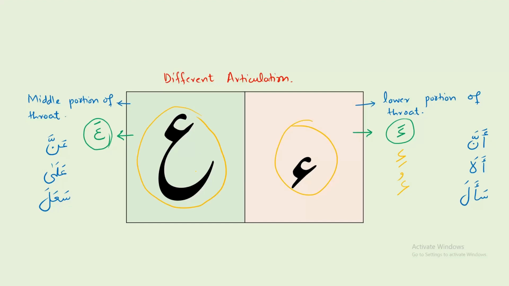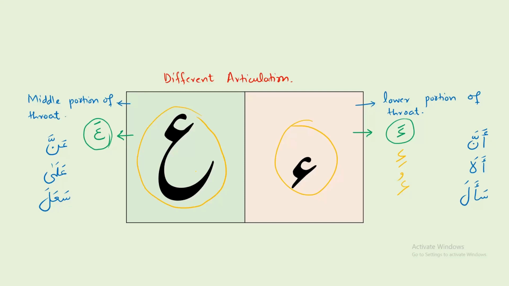And what we do as well is push our tongue backwards, so that we are able to get the sound like this, right? I'm just putting effort in the middle portion of my throat, and my tongue is going a bit backwards. That is the mechanism, the way we articulate ain.